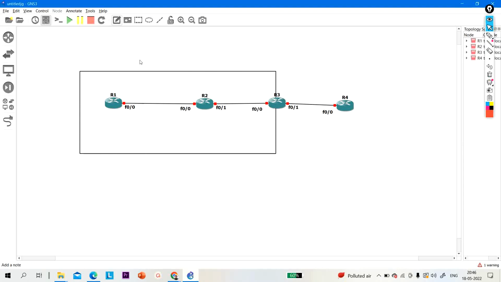Suppose this is what is happening here. OSPF area 0.